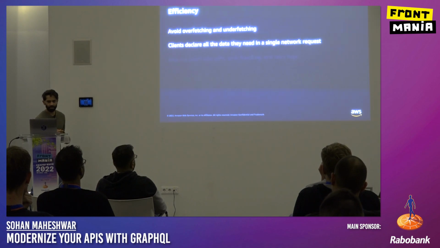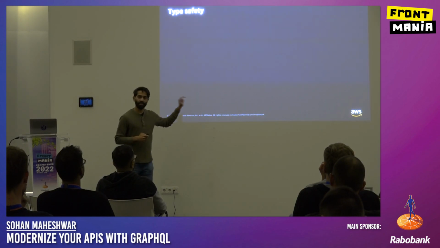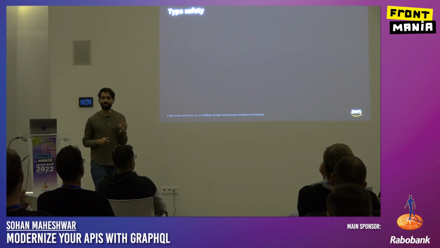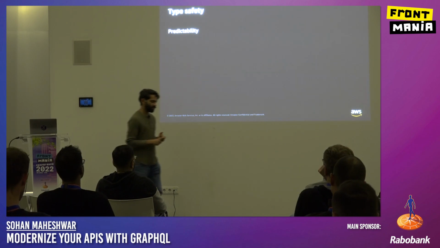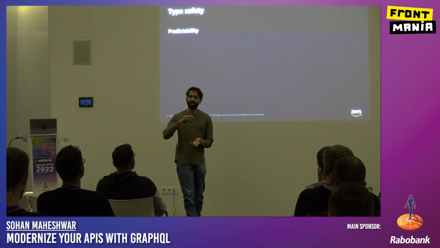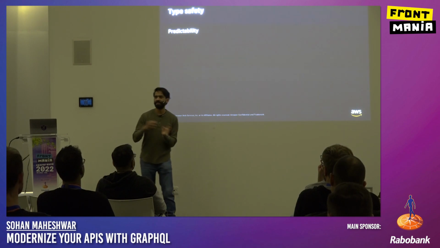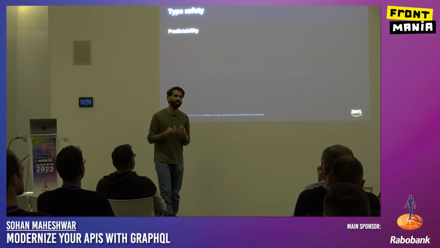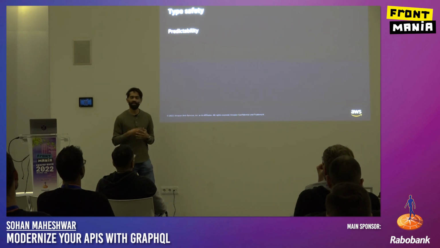Okay. We discussed this. And one thing that GraphQL specifically, again, addresses is type safety. Yeah, again, there is predictability because the type of query you're writing is the type of response that you get, right? That is the exact shape that you get. I don't need to know anything about the API to really get the data that I want.